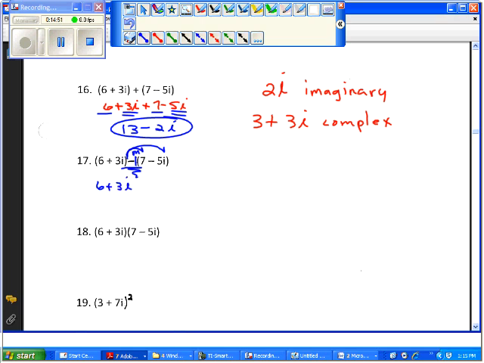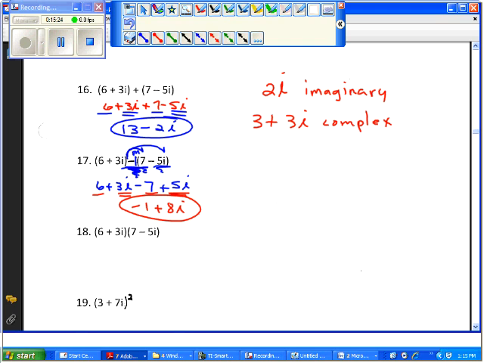And then we distribute: negative 1 times 7 is minus 7, and negative 1 times negative 5i is positive 5i. So we had to distribute that understood negative 1 through the parenthesis, and then we can combine like terms. So 6 minus 7 is negative 1. 3i plus 5i is 8i, and so we get negative 1 plus 8i.